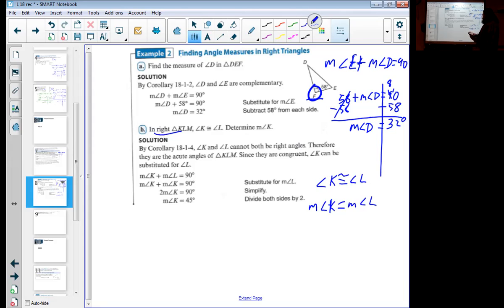So we have the measure of angle K plus the measure of angle L is equal to 90.